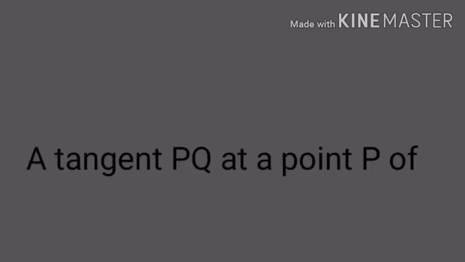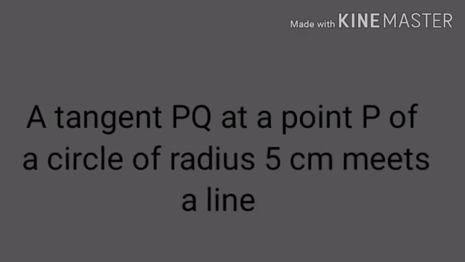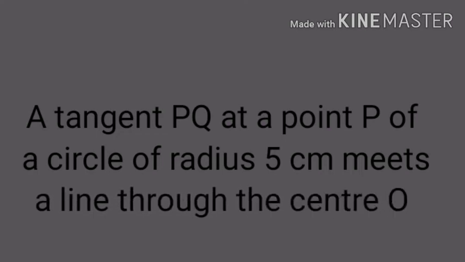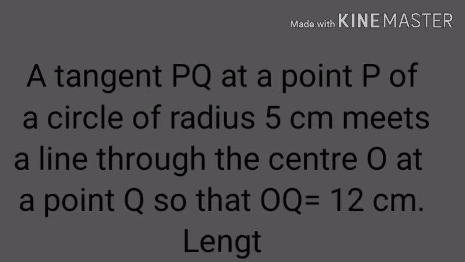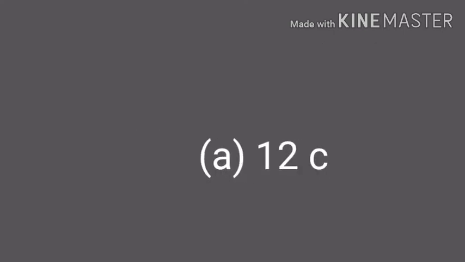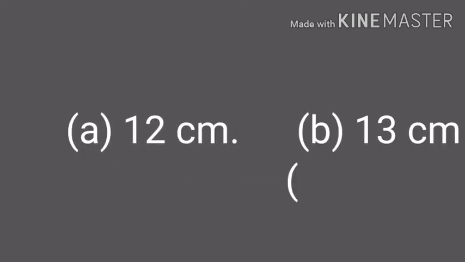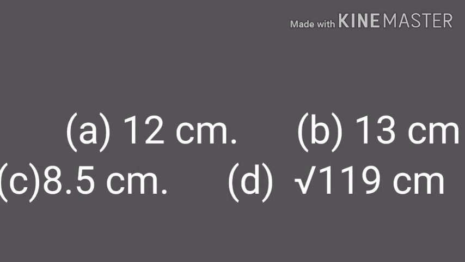A tangent PQ at a point P of a circle of radius 5 cm meets a line through the center O at a point Q so that OQ equals 12 centimeter, then length PQ is. The 4 options are A 12 centimeter, B 13 centimeter, C 8.5 centimeter and D root 119 centimeter.